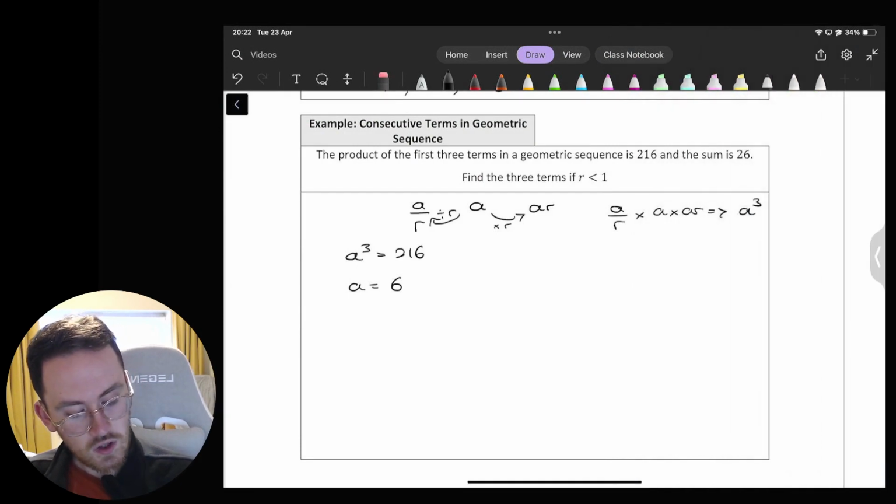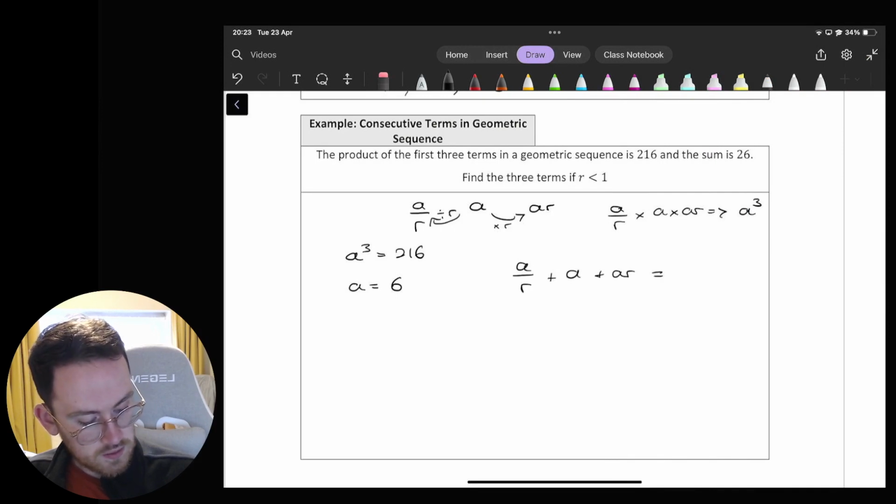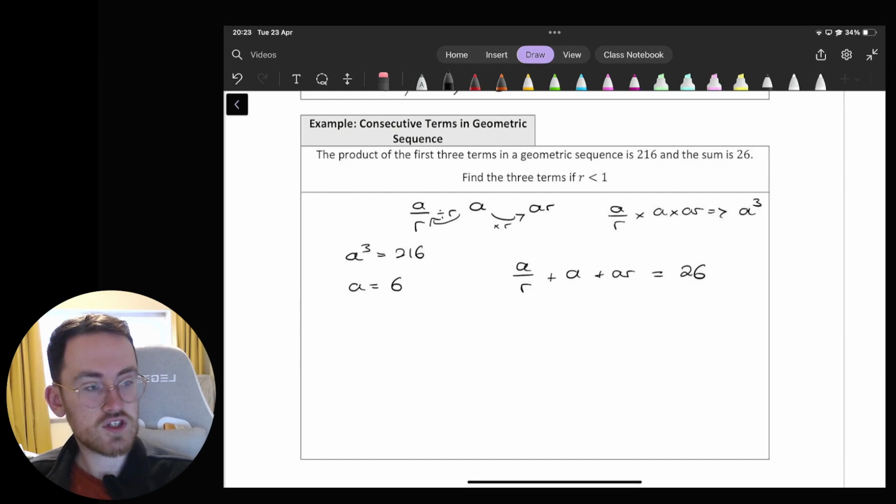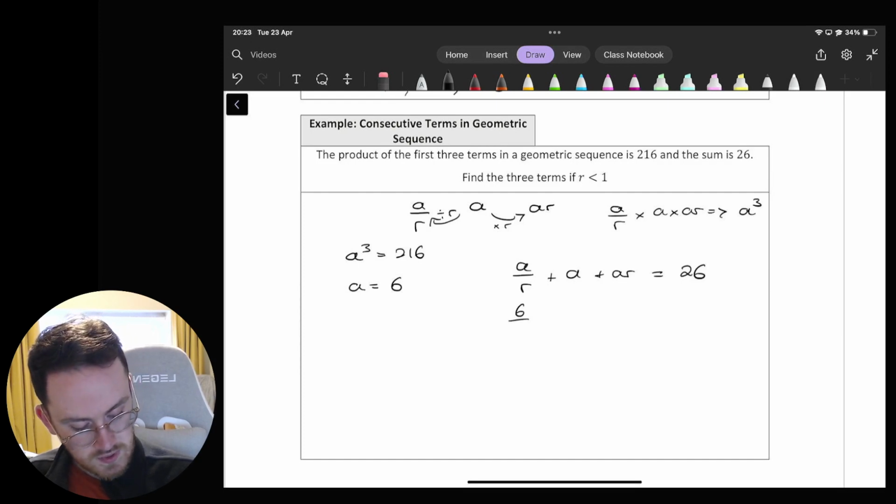Okay, the sum is 26. So let's add them up together: a over r plus a plus ar equals 26. Now I could sub in my 6 here as well. So 6 over r plus 6 plus 6r equals 26. Let's multiply across by r.